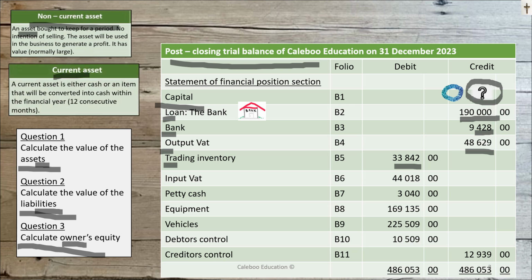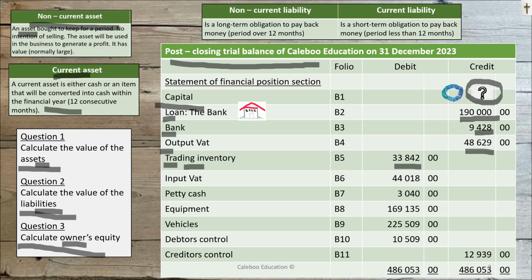Just what is a current asset? It's either cash or an item that is going to be converted into cash within the financial year. For example, trading inventory. Then I've got definitions here of liabilities.